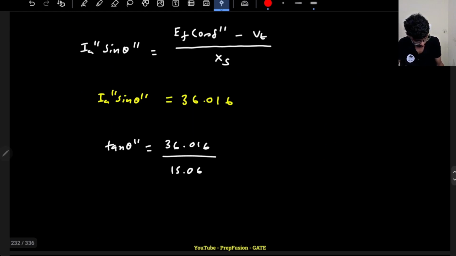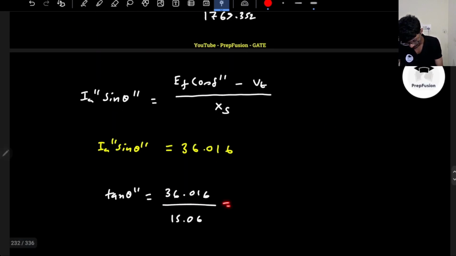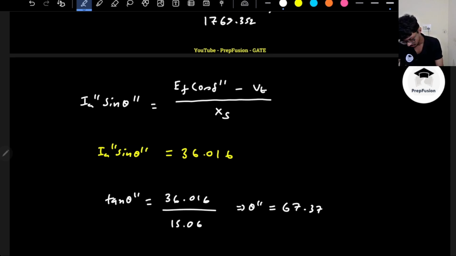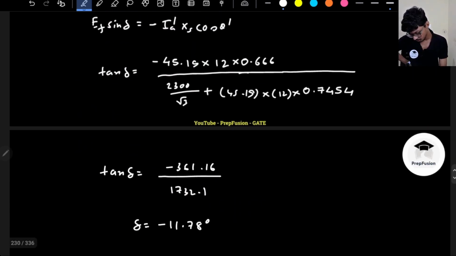So from here I take tan inverse, and theta double dash comes out to be 67.37.